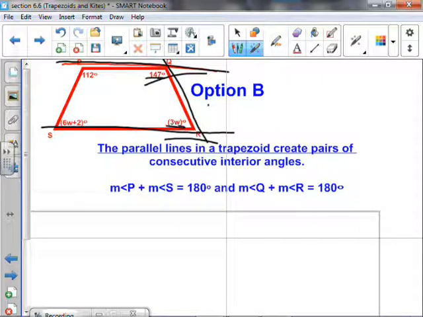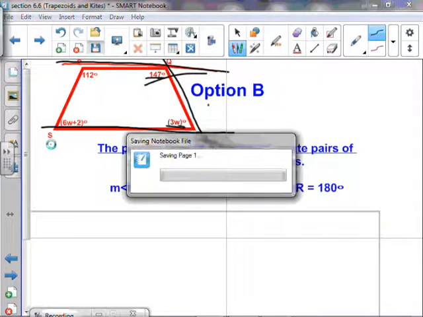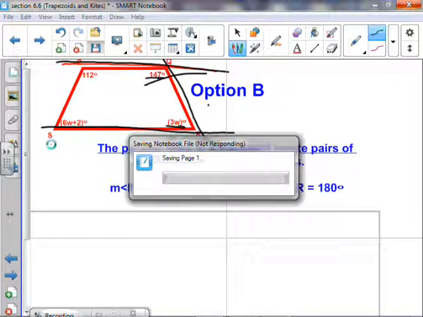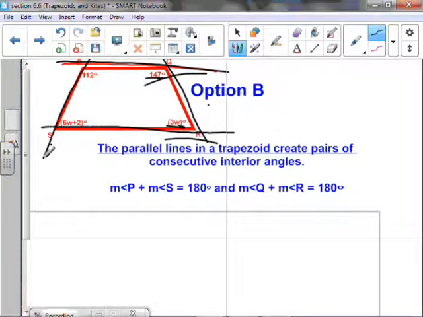The same thing goes over here, because we can also draw another transversal. I apologize, of course my computer's not responding. Okay, so we can also draw this transversal right here, and we know that this angle and this angle are consecutive interior angles, so they are also supplementary.